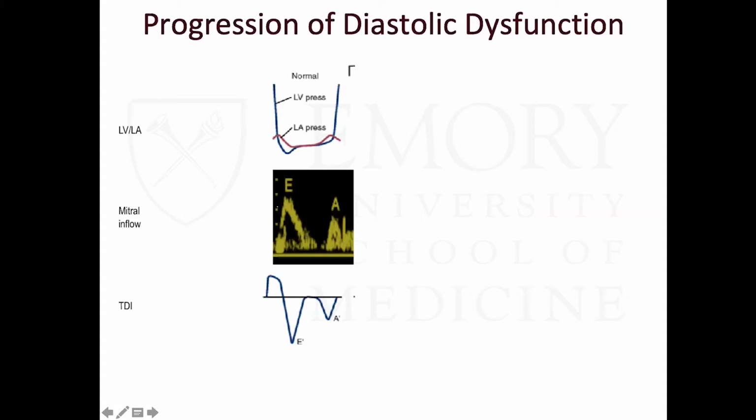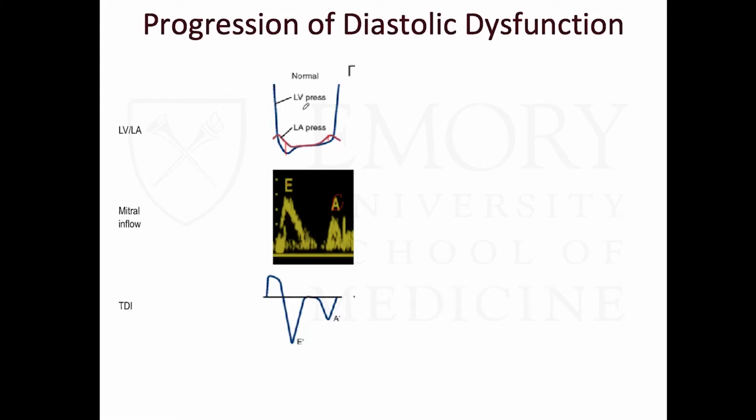So normally, here the blue is the left ventricle pressure tracing during diastole, and here's the red, the left atrial pressure. And notice here that when you have the gradients, they give you the E and the A wave.